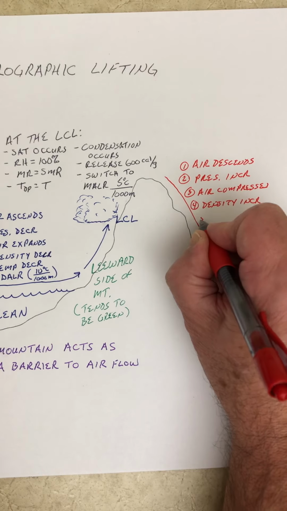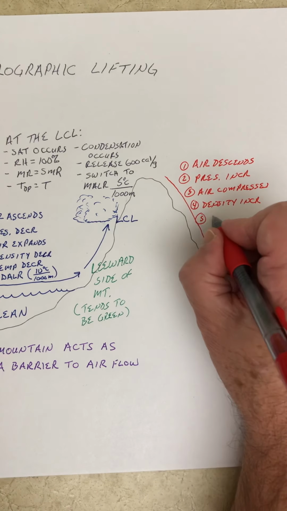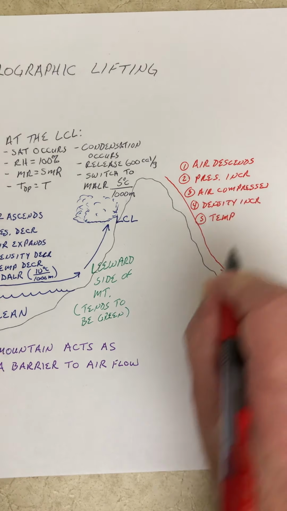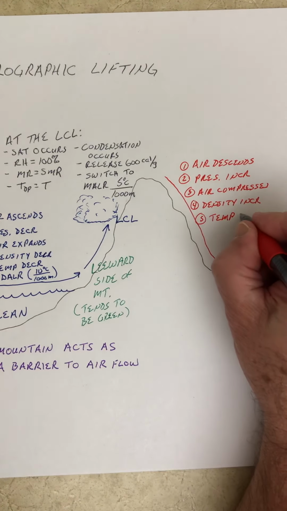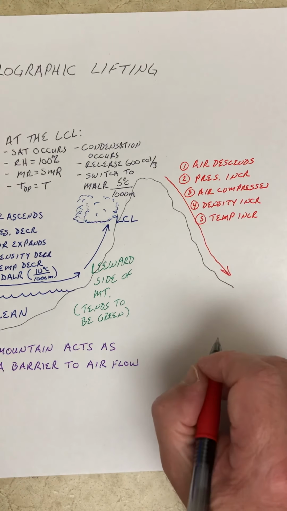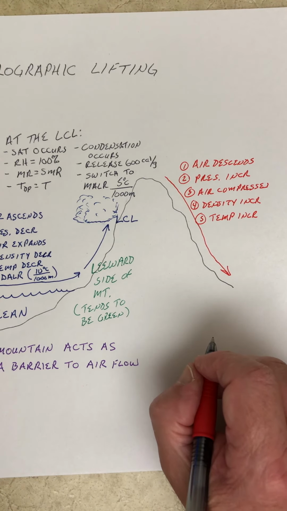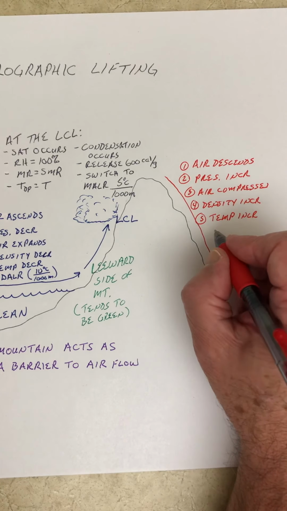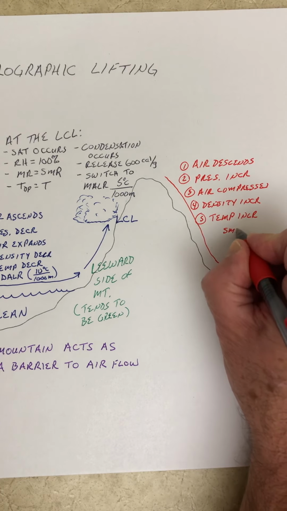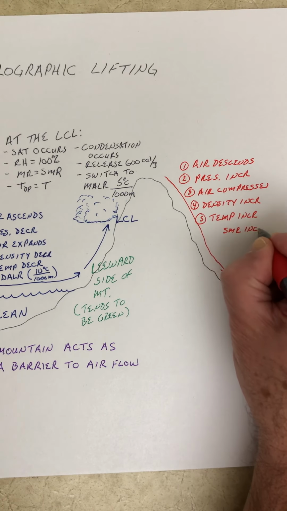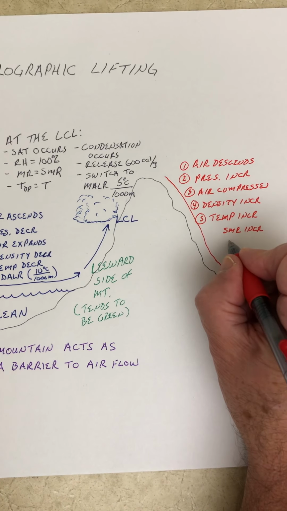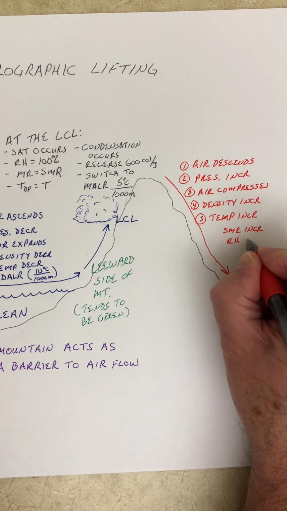When the density increases, the temperature is going to increase. So temperature increases as air flows down the mountain due to the compression that's taking place. Okay, and something we haven't mentioned for a while is that as the temperature increases, the saturation mixing ratio is increasing. And if the saturation mixing ratio is increasing, that means the relative humidity is decreasing.